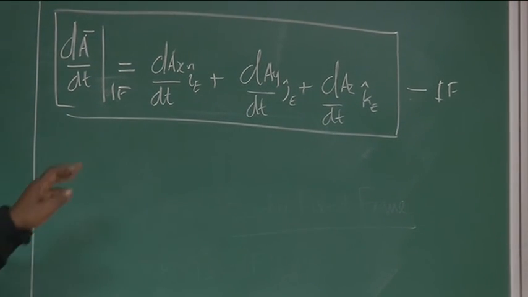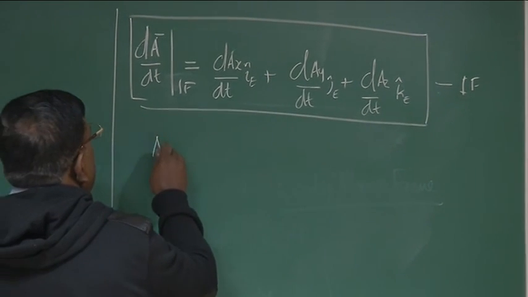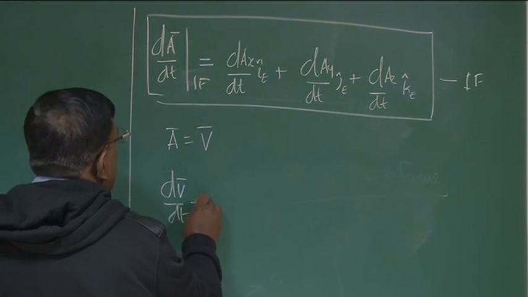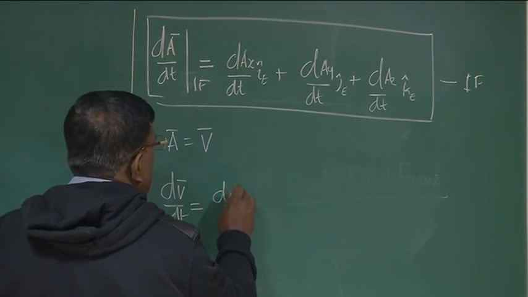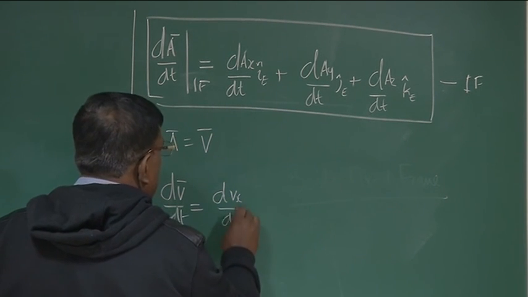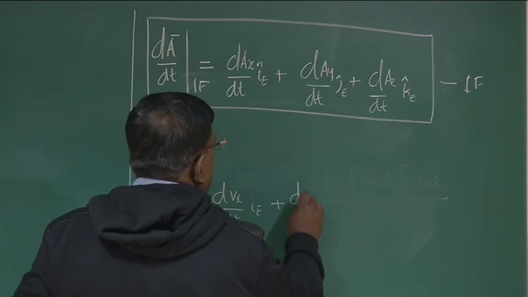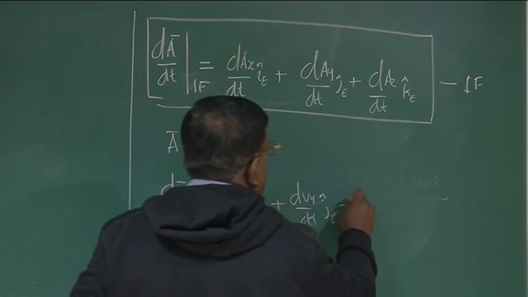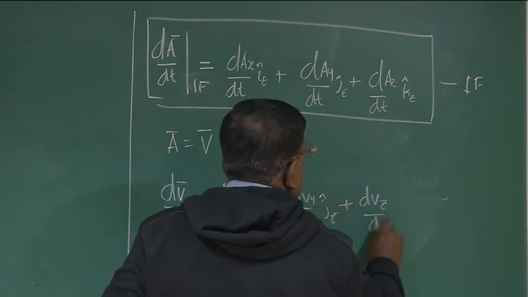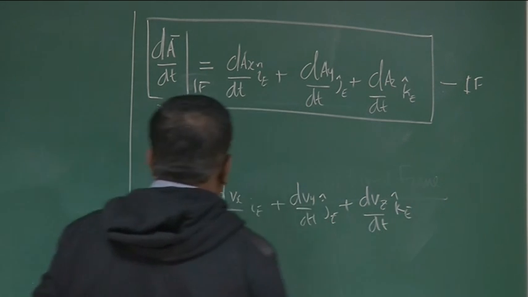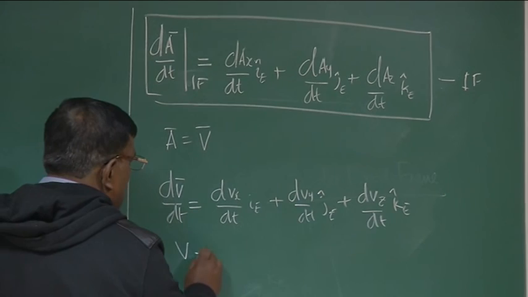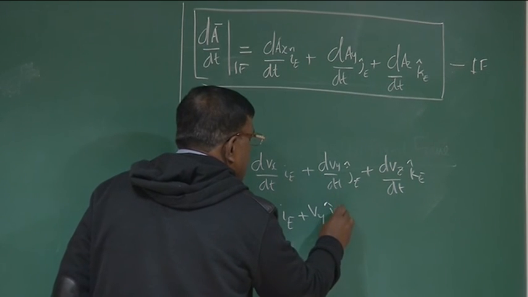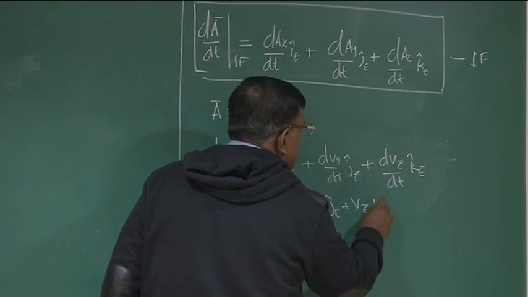So if I say A is the vector V, then what does it mean? It means dV/dt is dVx/dt into iE plus dVy/dt jE plus dVz/dt kE, where V has components Vx iE plus Vy jE plus Vz kE.